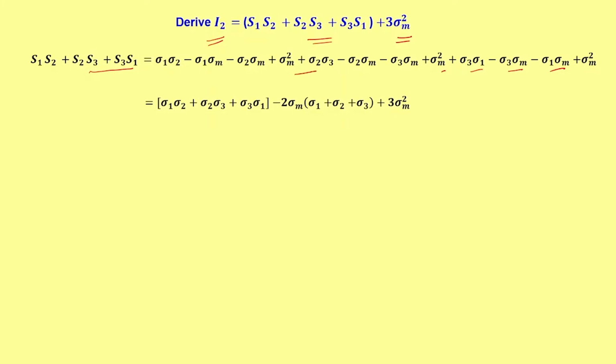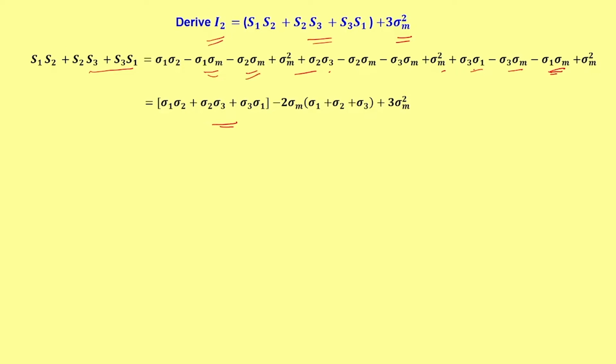If you simplify this, you can get sigma 1 sigma 2 plus sigma 2 sigma 3 plus sigma 3 sigma 1. So, that has been taken in the first bracket, minus all these terms are twice sigma 1 sigma m, then you have sigma 1 sigma m, so it is twice.